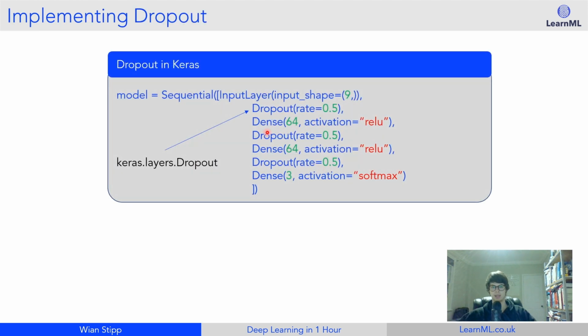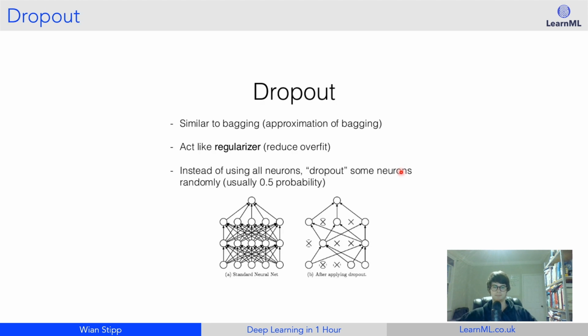In order to implement dropout, you just add a dropout layer in between each layer here. So there's a dropout layer for the input layer, one for the first hidden layer, one for the second hidden layer. And of course you don't want to drop out your outputs. What this is doing is reducing the chance that your neural network learns through one specific path.